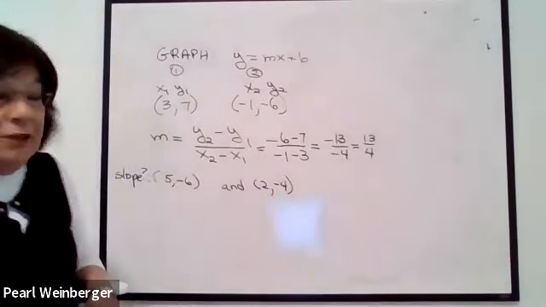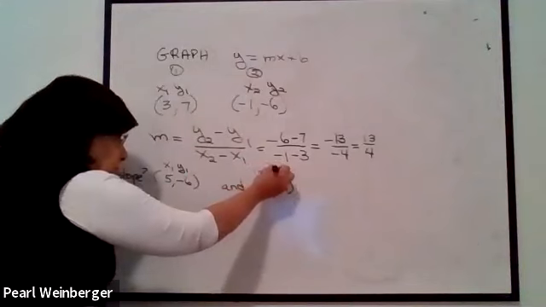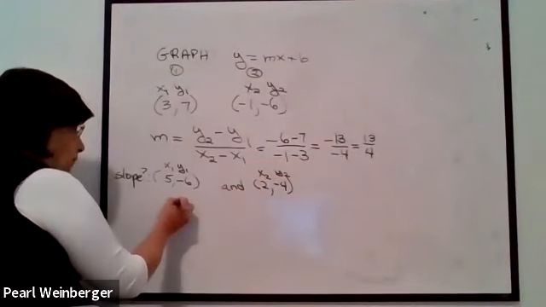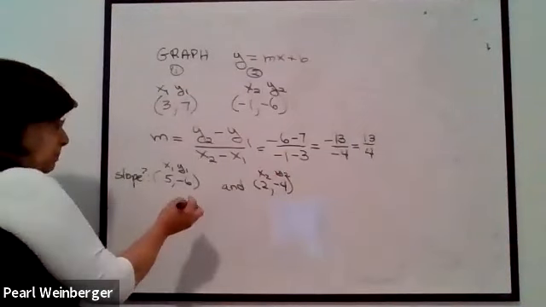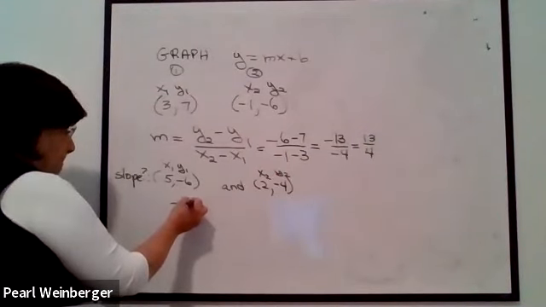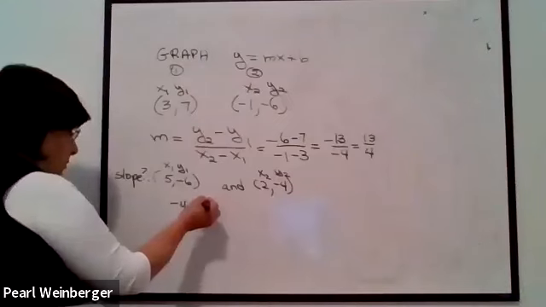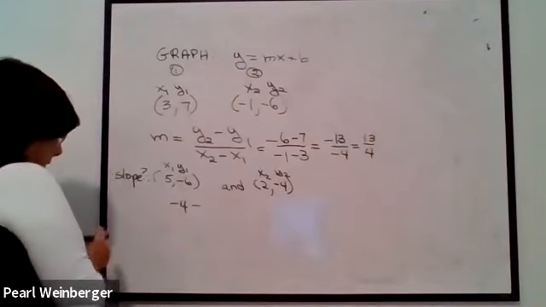Okay, so you're calling this your X1 and your Y1, correct? Yes. And this is your X2 and your Y2. So you did -4 take away -6, minus -6.